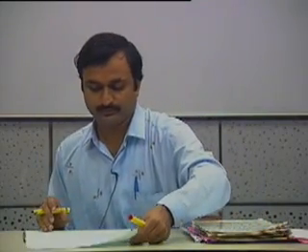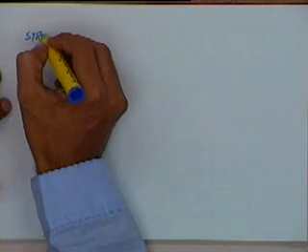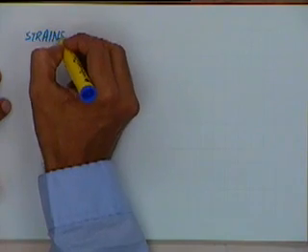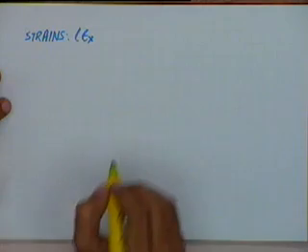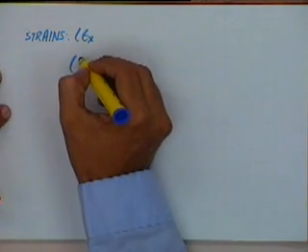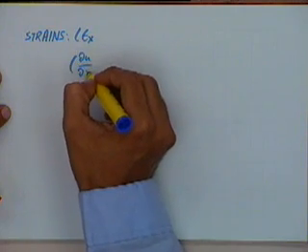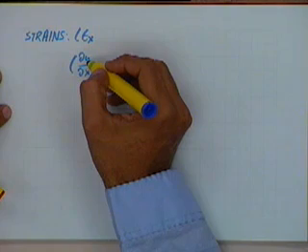Now these strains, if you remember how epsilon x is defined, epsilon x is the same as del u by del x, where u is the deformation in the x direction.